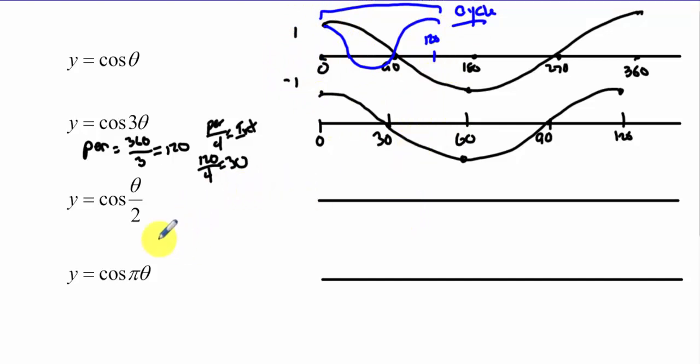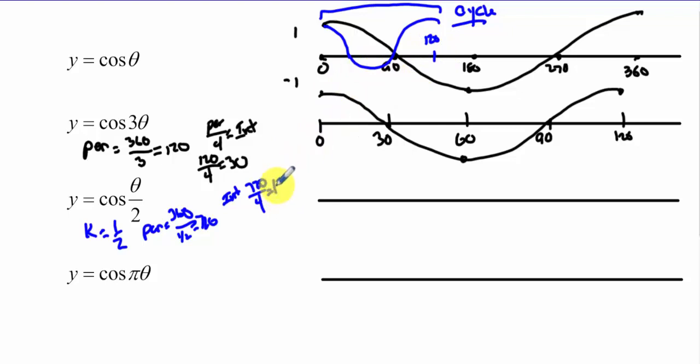All right. Now in this case, we know that our k value is a half. So if the period equals 360 over k, that's 360 over a half, or 720. My intervals are 720 over 4. So in this case, my period has basically doubled, and so are my normal intervals.